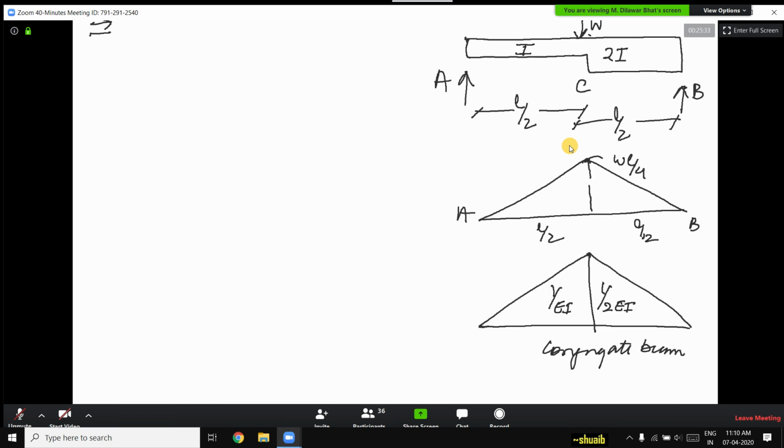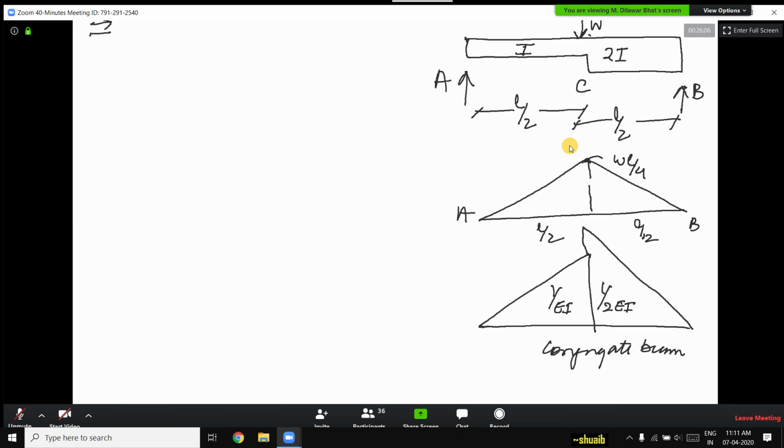This can be somewhat like this. Now this diagram can be somewhat like this. Doesn't matter how it is, we are actually concerned with the values, which is M by EI.